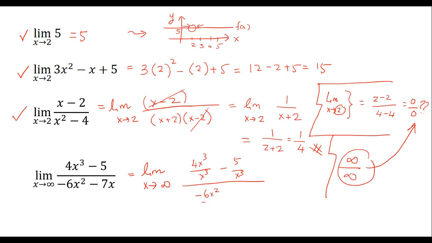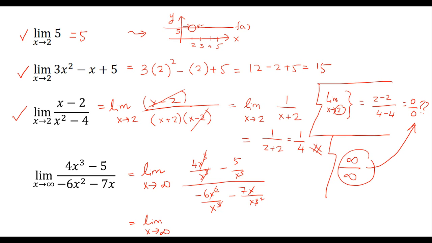So in this case you have something like this. Put all of them together first before you do any modification in the function. The next step, now you can just cancel out certain things. This one I just put like this, easier for you to see.